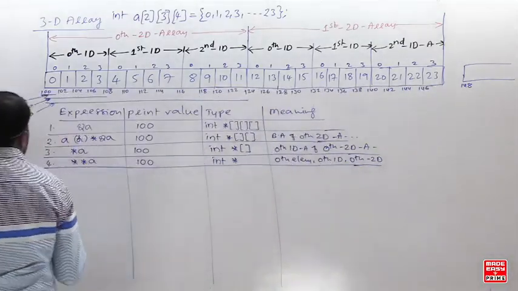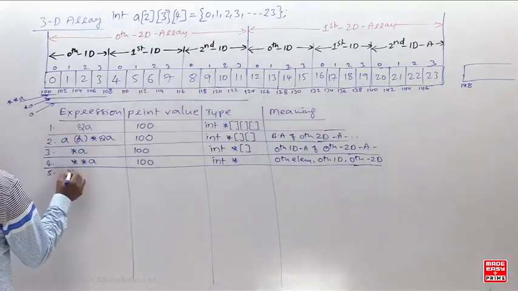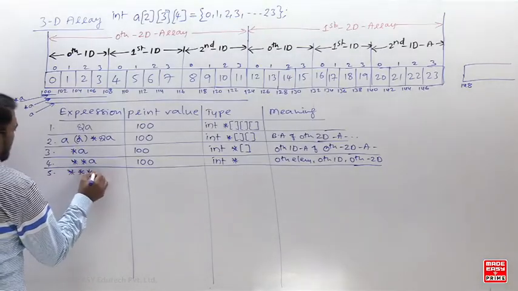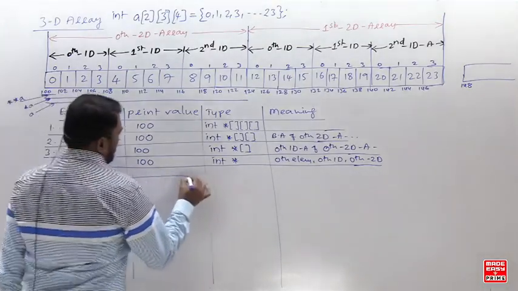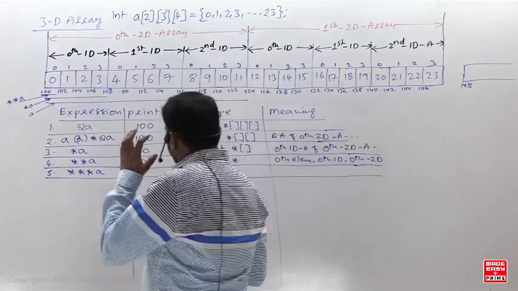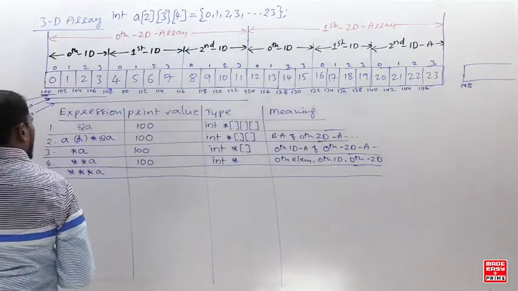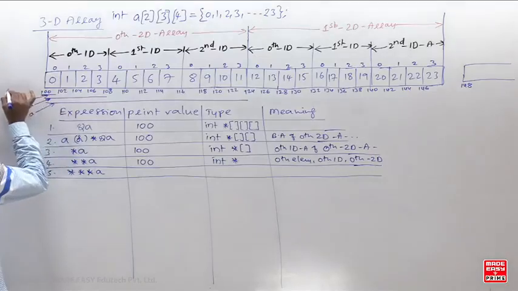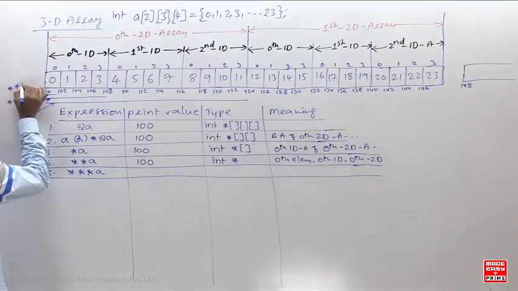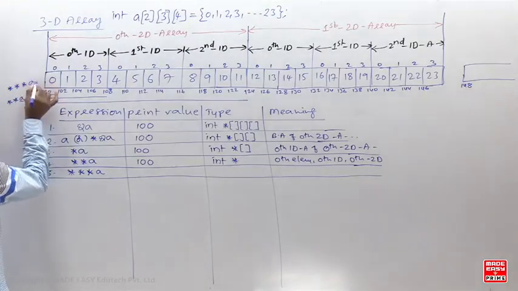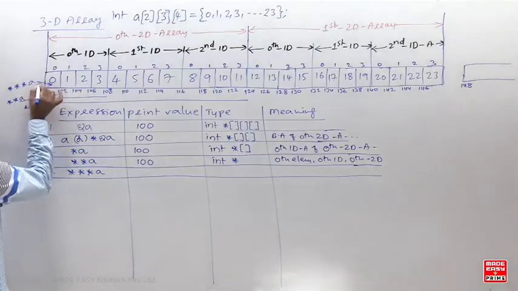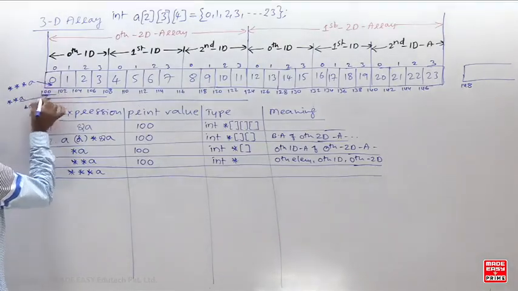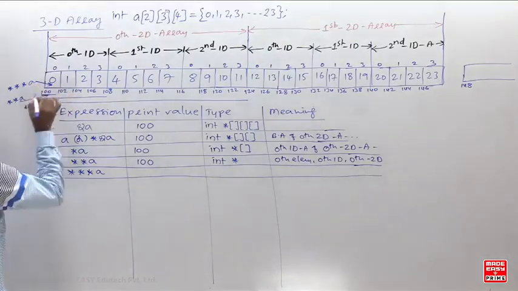Now if I apply one more star, triple star a. Double star a was pointing to the element. If I apply one more star, look here: triple star a. Now it is going to point to the value. Until now it was on the element.